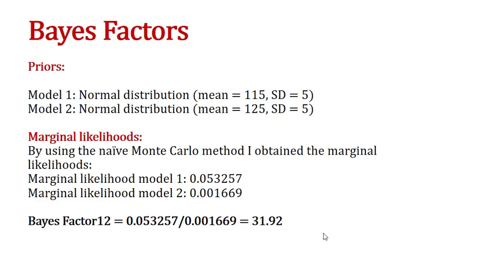That means that the data is 31.92 times more likely under model 1 than under model 2, which agrees with the AIC in favor of model 1 that we found in the maximum likelihood approach.